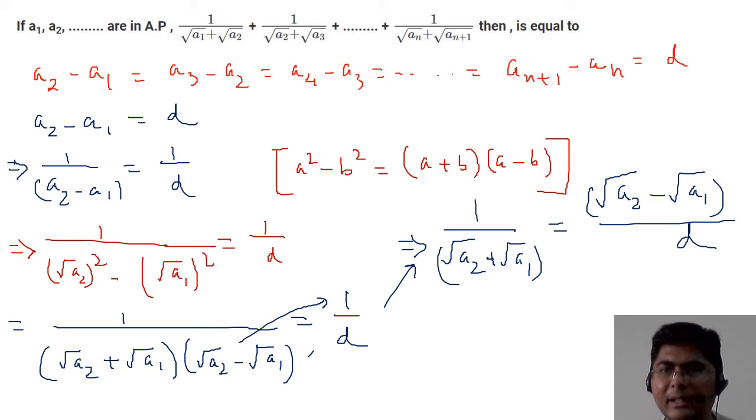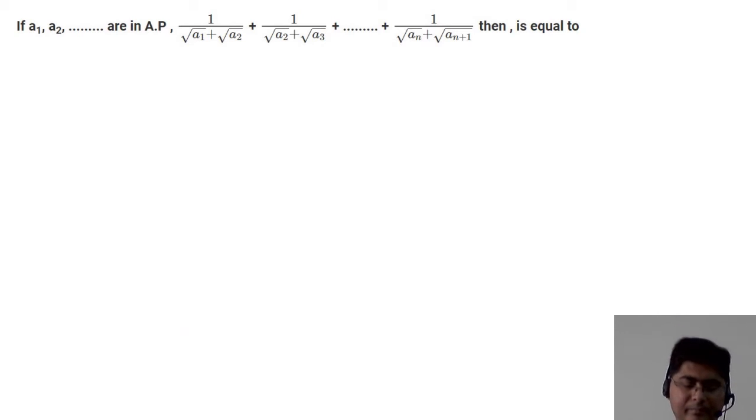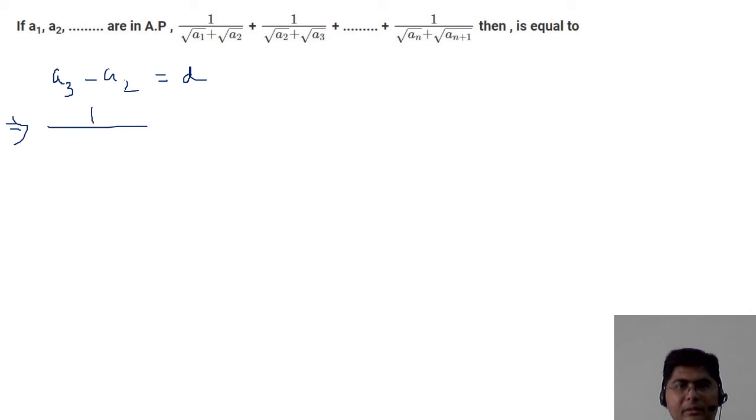So let's look at another term. We know that a3 minus a2 is equal to d. So let's take a reciprocal: 1 upon (a3 minus a2) is equal to 1 by d. Now what can I write down?